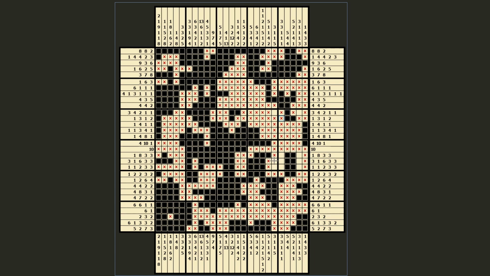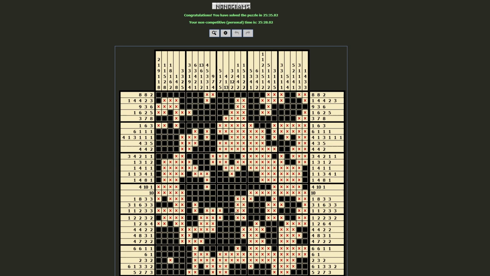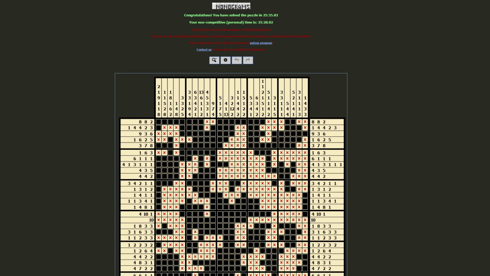This is a 3, so there's nothing here, which means 1 3 1 1 5 3 4 2 1 1. Okay. Wait 3 3 1 1 1 has to be here, has to be here, has to be here, has to be there. That should be it for today, and there we go.